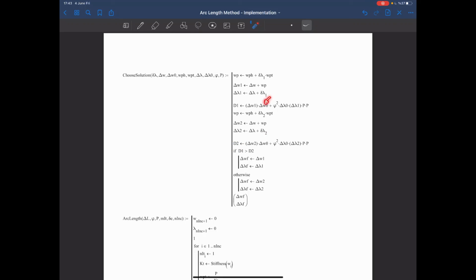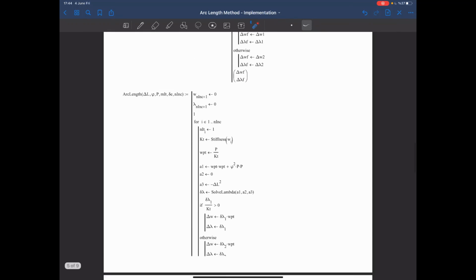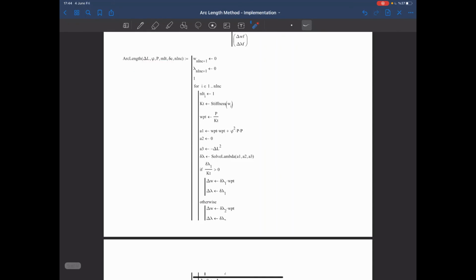And here I'm using the values from the previous iterations, and these are the newly calculated values depending on the values of delta lambda 1 and delta lambda 2. And then if the first dot product is larger than the second one, I'm choosing these two as my solution. Otherwise, the second root will give me the solution that I'm looking for. So this subroutine sends these two results.